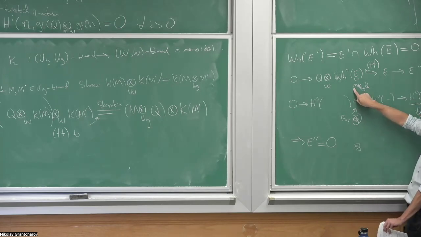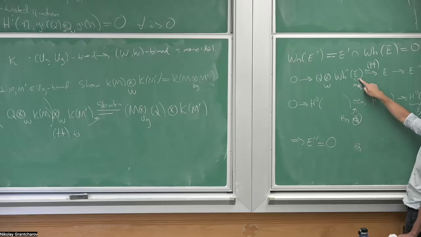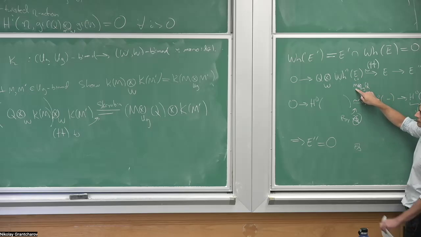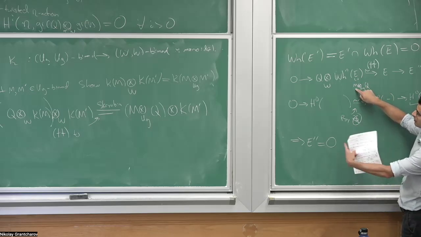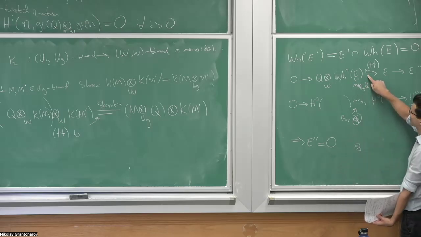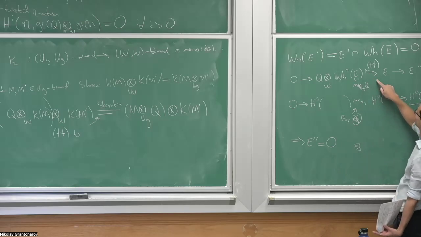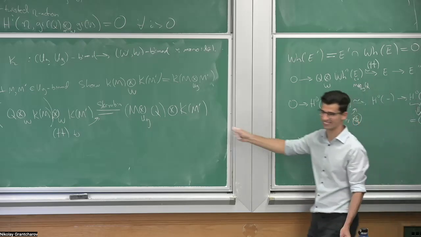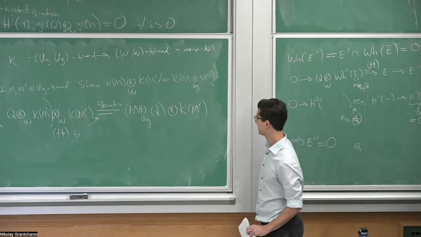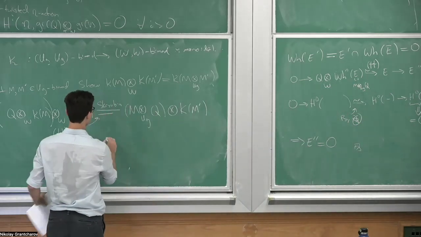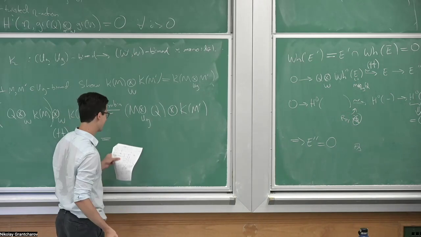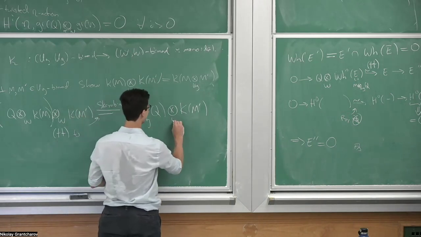So you see here, M tensor UG of Q plays the role of E. We know that taking n invariants of this is just M. That's one composite of Skryabin. And then using that same composite, we also know that the whole thing is an isomorphism, so that's it. Formally from that, now you can use this associativity.